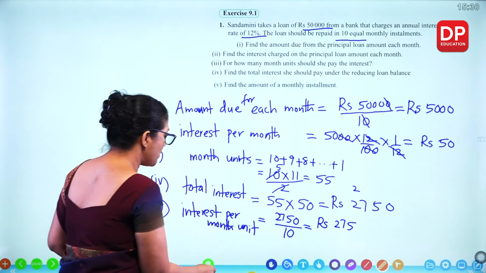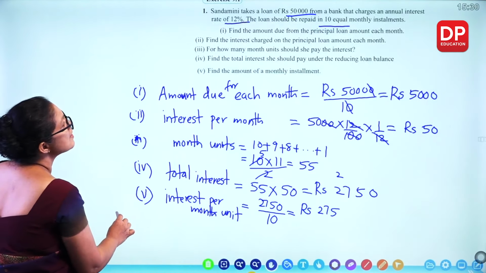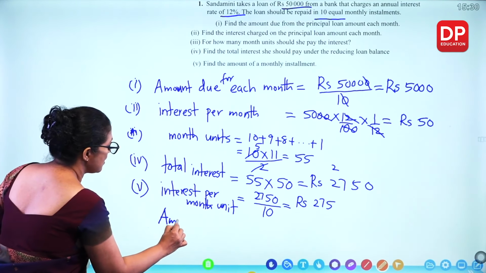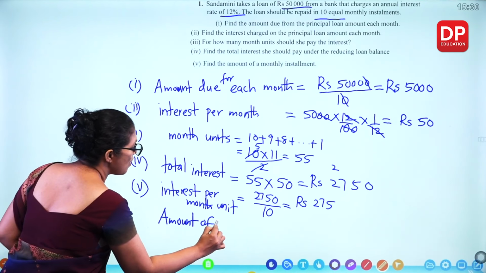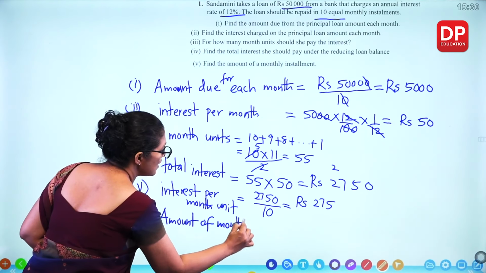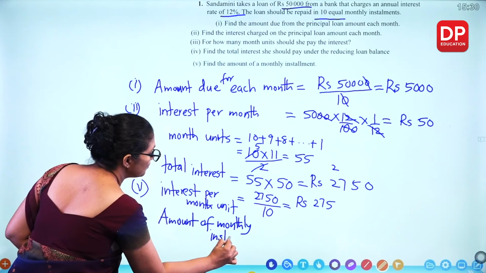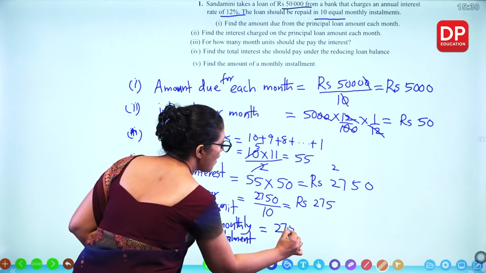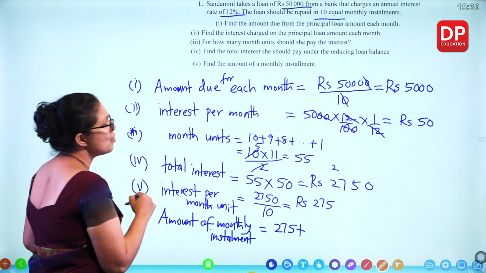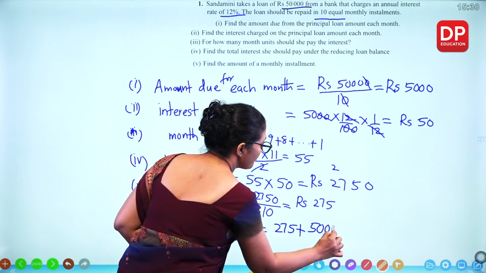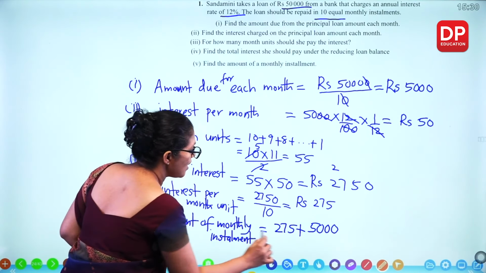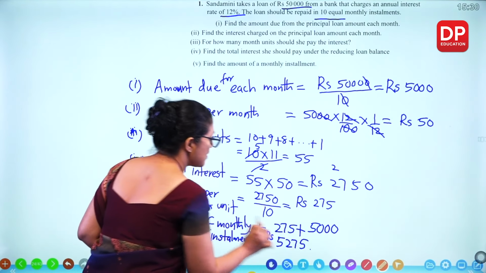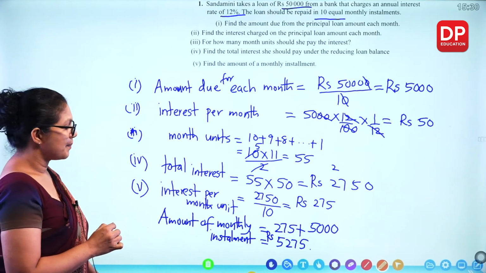So what's the amount of the monthly installment? The amount of monthly installment is 275. You need to add it to 5,000. So you get 5,275 rupees.